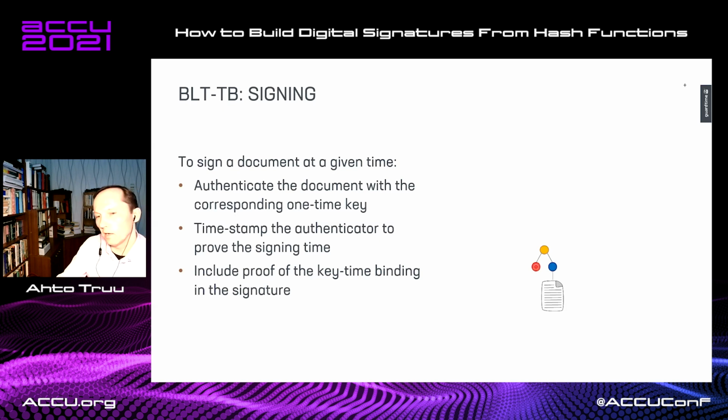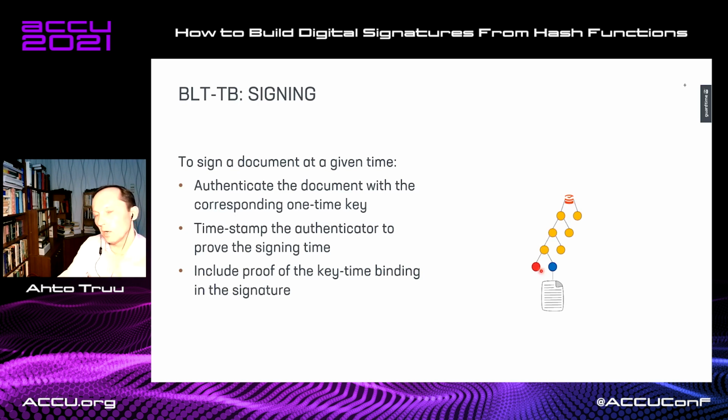I now compute basically this message authentication code on this document hash using the one-time signing key as the message authentication key, and I obtain a hash and publish a hash-based timestamp on this combination of those two. And this timestamp proves that I operated on this document using this key at a given time.